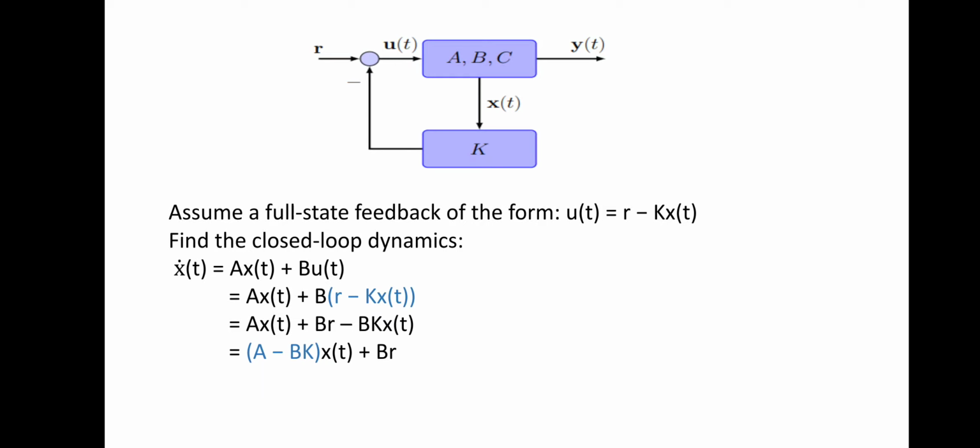By grouping A minus BK together, we can obtain the equation as A minus BK into x of t plus B into r. And let us write A minus BK as ACL, that is the system matrix of the closed loop system, and y of t is C into x of t.